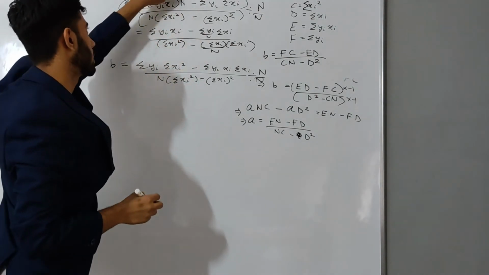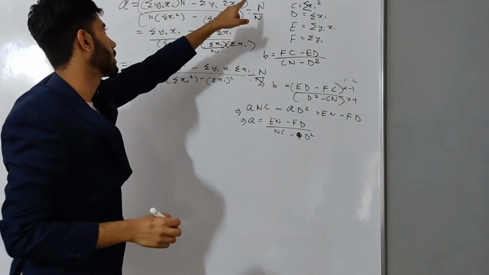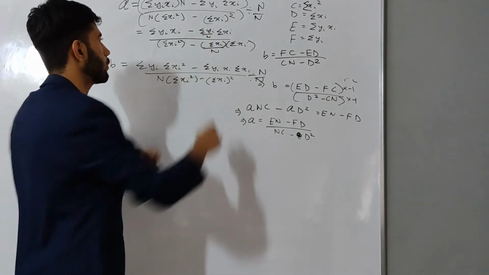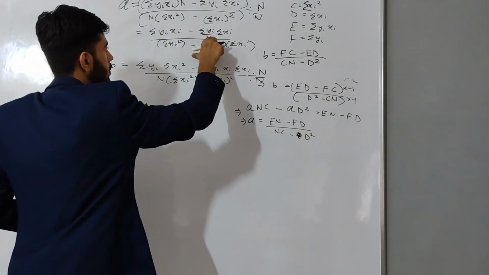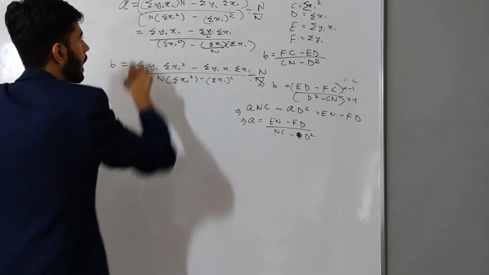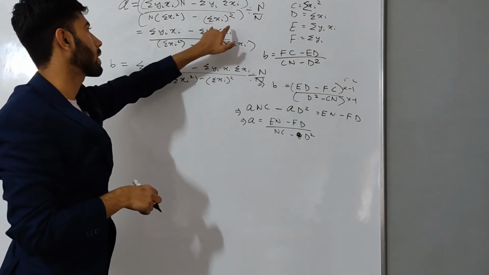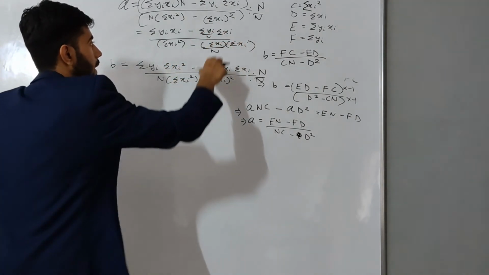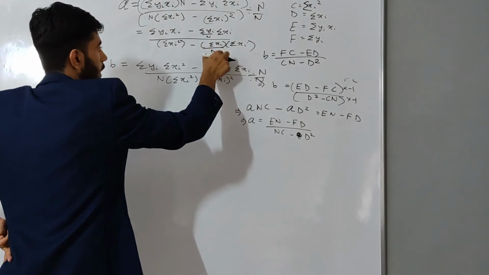After dividing, this n got cancelled, and the n which was divided into this term will be placed under summation of yi, and in the denominator this n will get cancelled, and I will split summation of xi whole square as summation of xi and summation of xi, and I will divide one of the summations of xi by n.